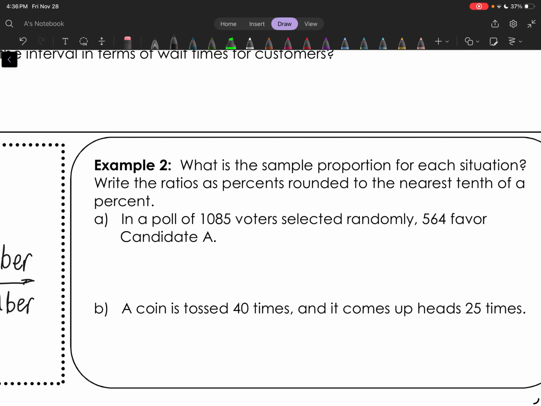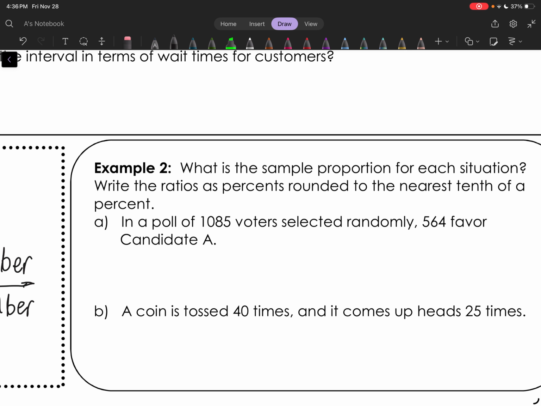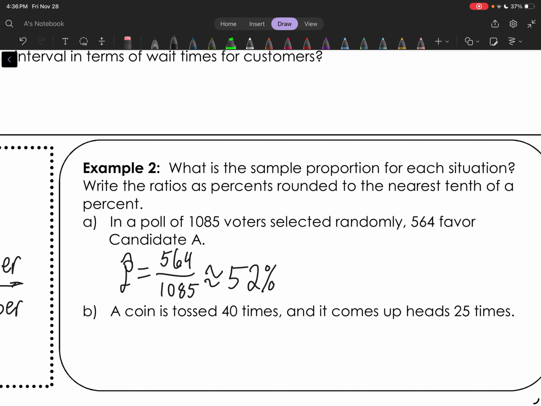What percent of people prefer candidate A? P-hat is equal to the desired number, 564, over the total number, 1085. When you type this in, you will get approximately 52% of people like candidate A.